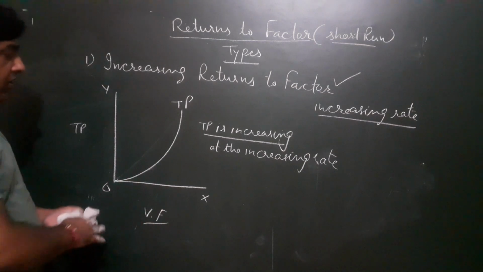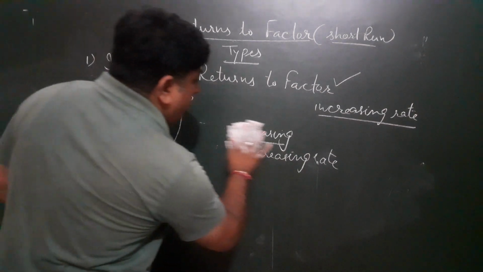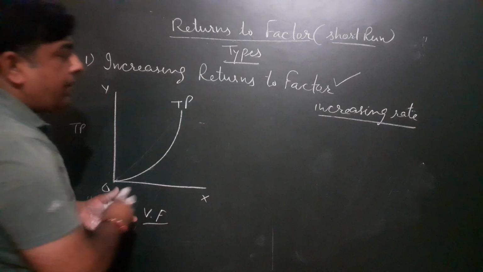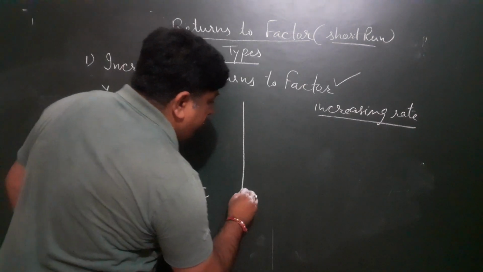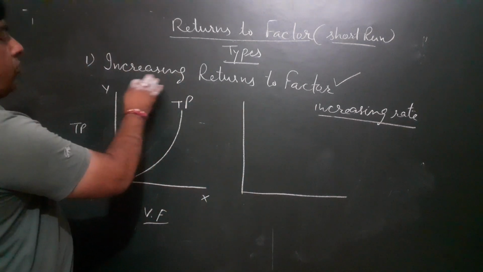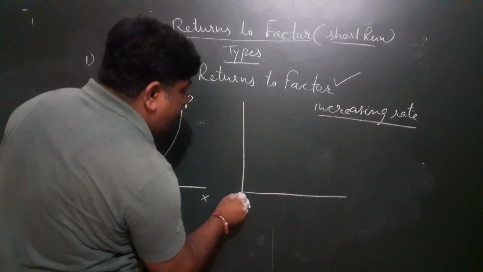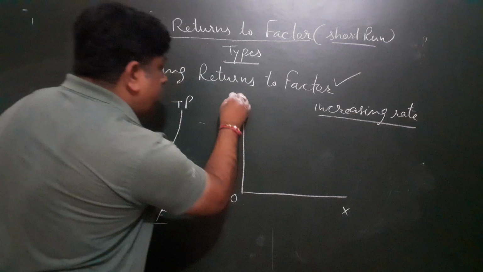In the same way, we will show the marginal production when we are discussing increasing returns to factor.